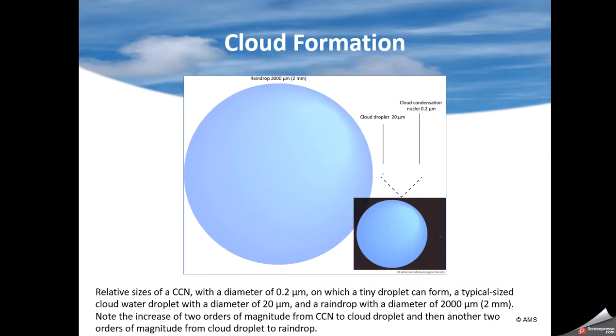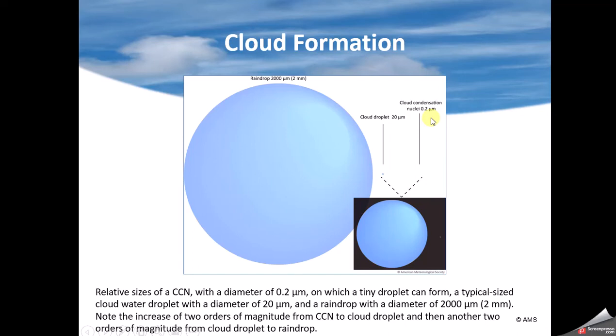So let's take a look at a cloud droplet. First things first, I want you to understand the scale here. A cloud condensation nucleus is 0.2 microns. And the beginning of a cloud droplet is 20. So it's two orders of magnitude bigger than that condensation nucleus.